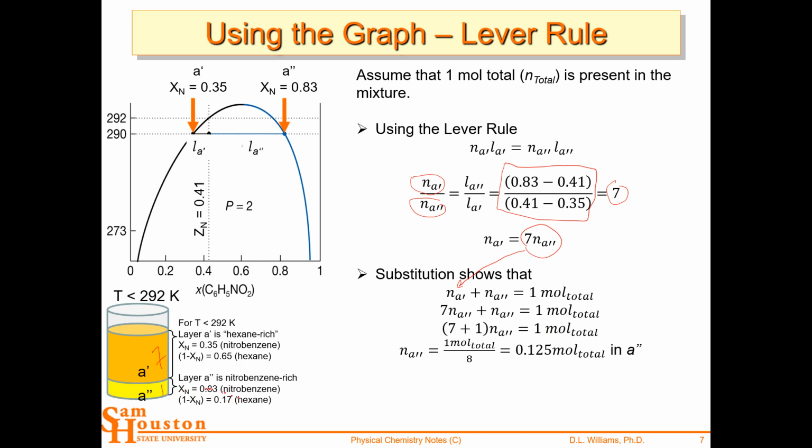And 83% of that total amount will be the nitrobenzene, and 17% of that total amount will be the hexane. And then we bring that back into our other equation, and so then we have 7/8 is the A prime. So 0.875 moles is the total number of moles in A prime.